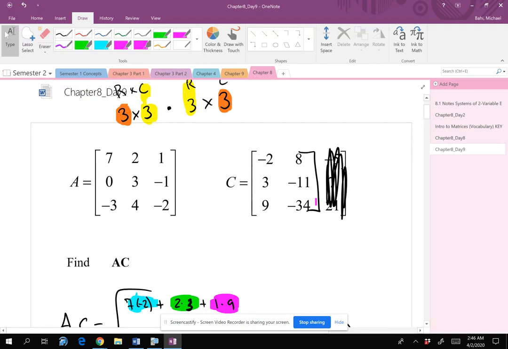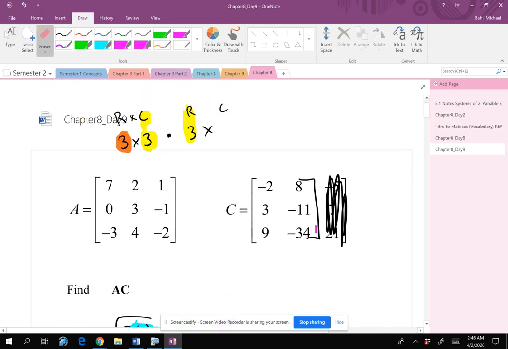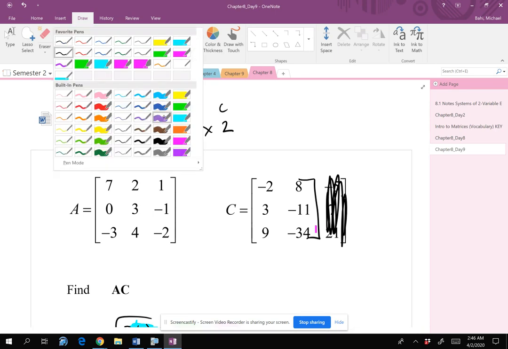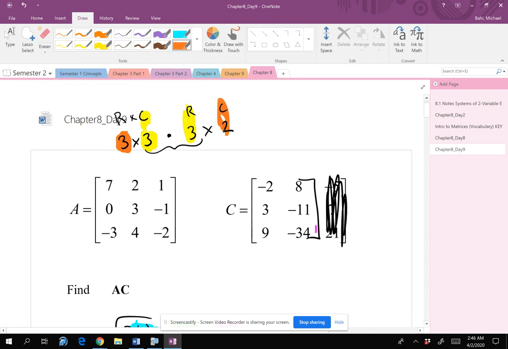You can still do this because you would have a 3 by 3 times a 3 by 2. As long as these are matching, you're good. And your answer, believe it or not, is going to be a 3 by 2 matrix. So I find that pretty cool.